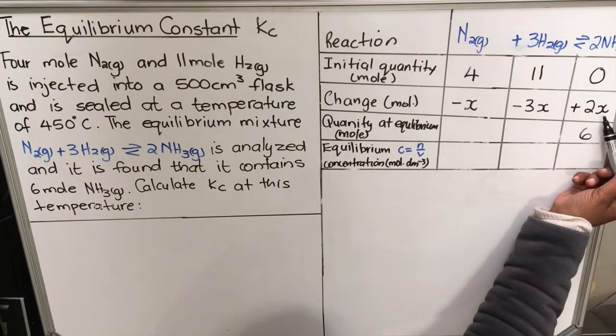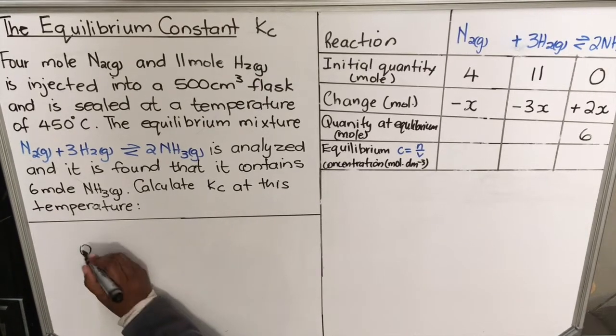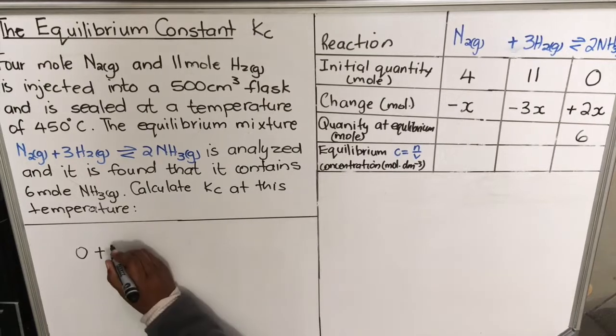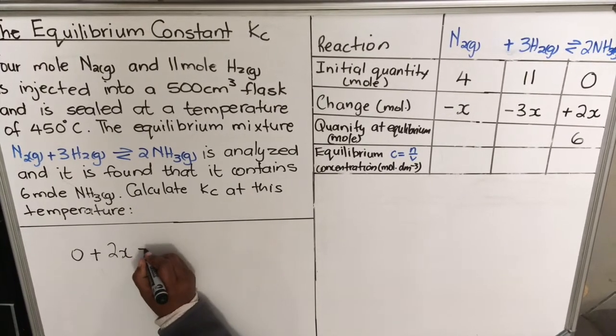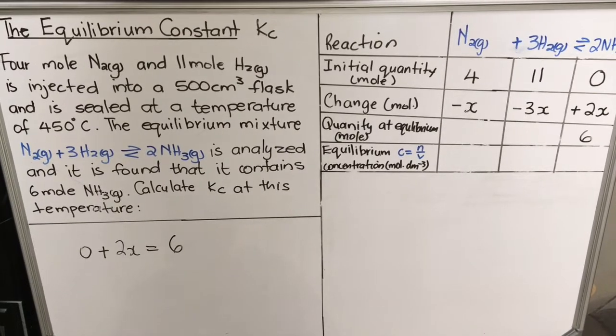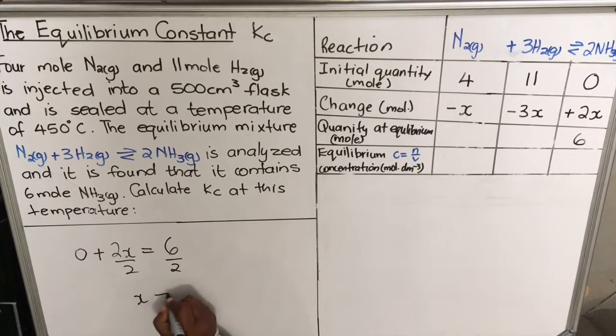We're going to find the value of x. We started with 0, then 2x was formed, and at equilibrium we have 6. Then we solve for x. You divide by 2, x is equal to 3.